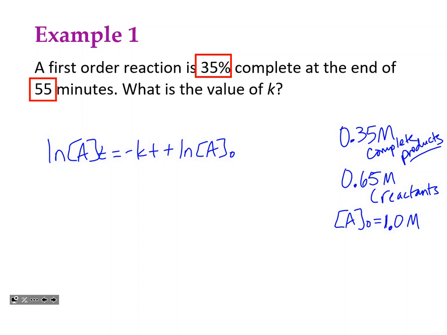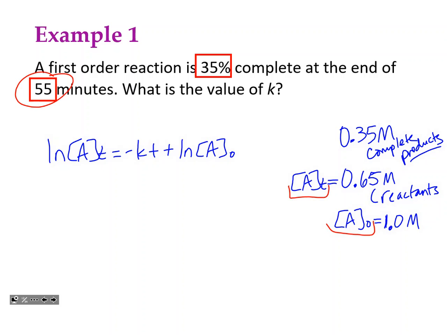All right, so now we know values, right? We know the initial concentration. This is going to be your concentration at time t that's left, because that's how much of the reactant is left, right? So this is time t. And we also know 55 minutes.